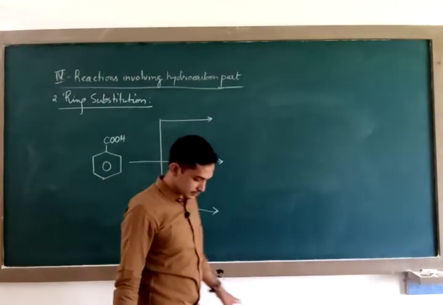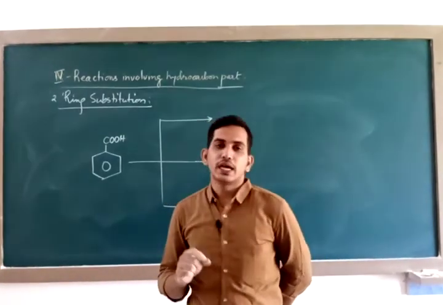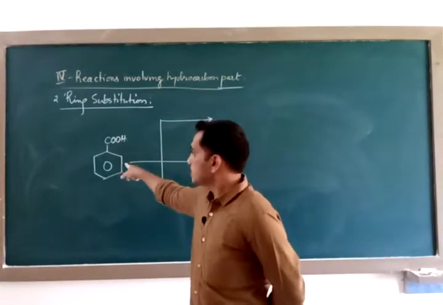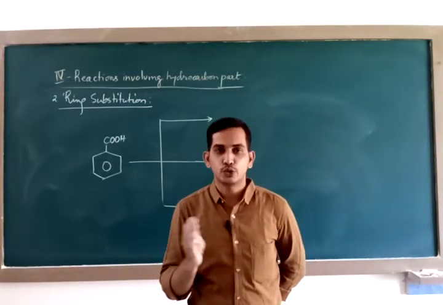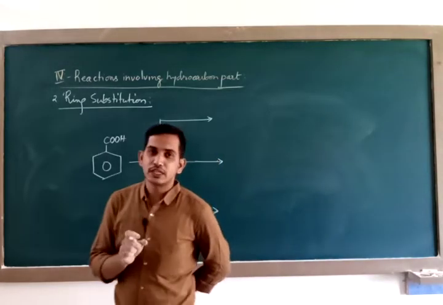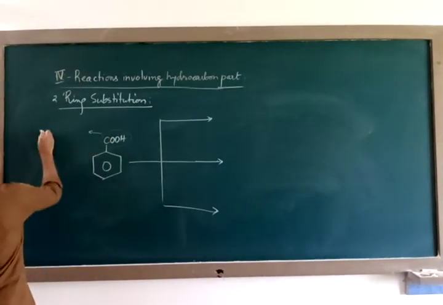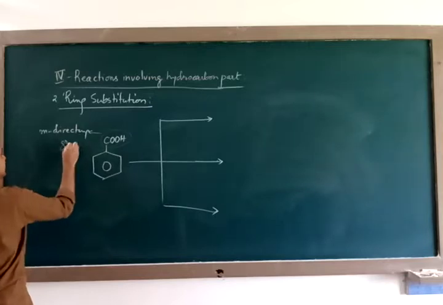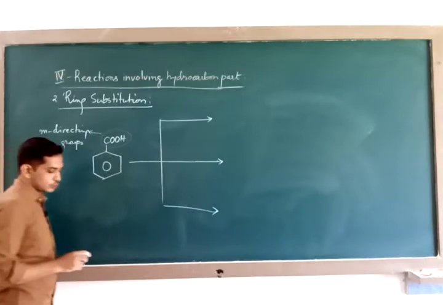You should know that for electrophilic substitution reactions, the group already present in benzene decides where the incoming group should attach to the benzene. I have already said, those functional groups which contain multiple bonds in them are meta-directing groups. You might have studied this in aldehydes and ketones also.